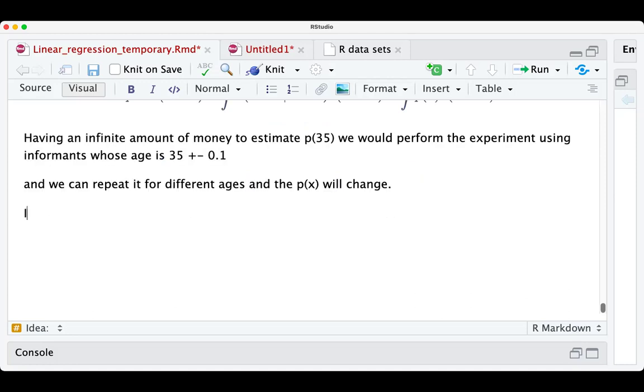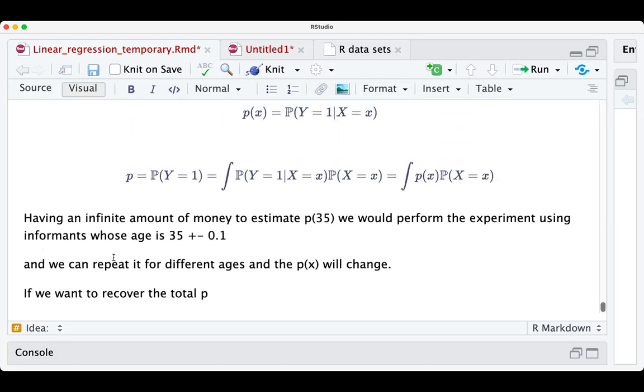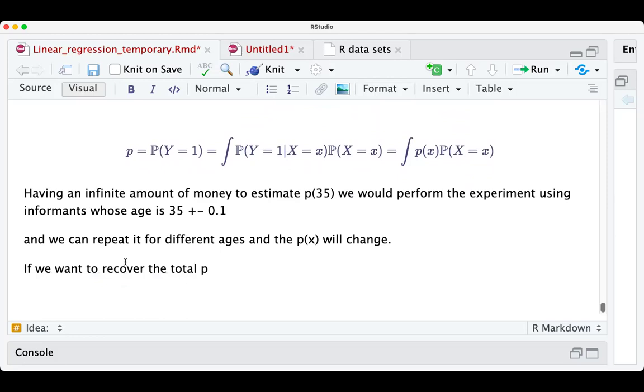If we want to recover the total p, I mean, this is not necessary, because why should you want to recover the total p, but because p of x is a more precise information, what do we do?